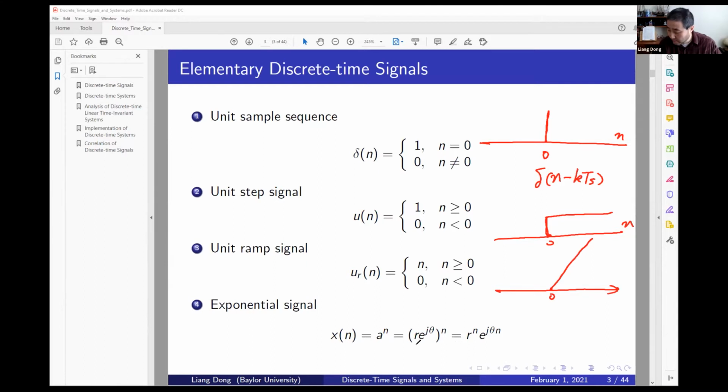We can represent it using its polar form, so r times e to the power j theta. R is the amplitude, or the modulus. Theta is the phase, to the power n. So we have those two parts in a polar form. That's the exponential signal. In this case, this is my exponential part, and that is its amplitude.